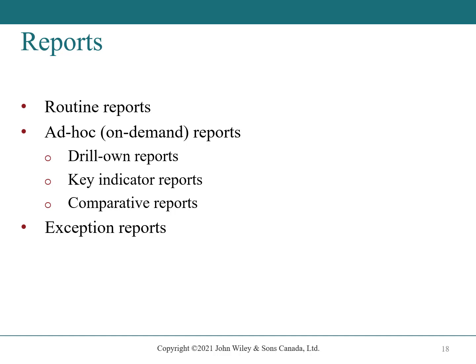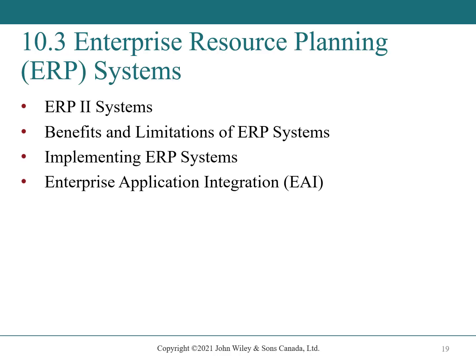Exception reports include only information that falls outside of certain set thresholds. To implement management by exception, management first establishes those performance standards, and when something happens that's outside of them, they'll receive an exception report. The system alerts managers to these exceptions through this reporting.